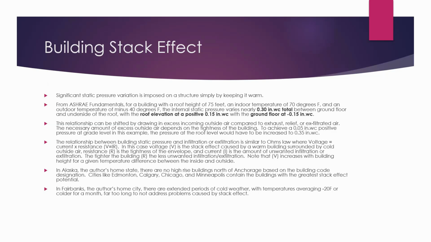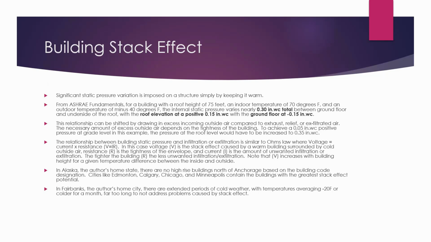From ASHRAE Fundamentals, which describes this effect, for a building with a roof height of 75 feet and indoor temperature of 70 degrees F and an outdoor temperature of minus 40 degrees F, the internal static pressure varies 3/10 of an inch between the ground floor and the underside of the roof, with roof elevation at a positive 0.15 inches and the ground floor at a negative 0.15 inches.